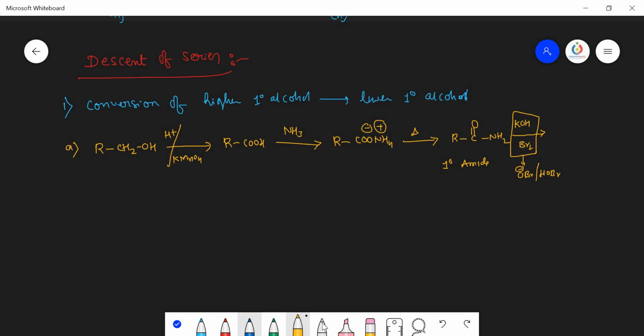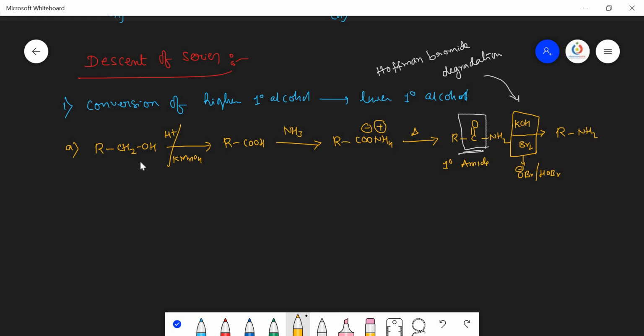So this reaction has its unique name. You know that the name of this reaction is Hoffman bromide degradation. So amides become amines. So when the amides are subjected with this reagent, this particular C double bond O, keto group will be removed, and finally you will get the amine.